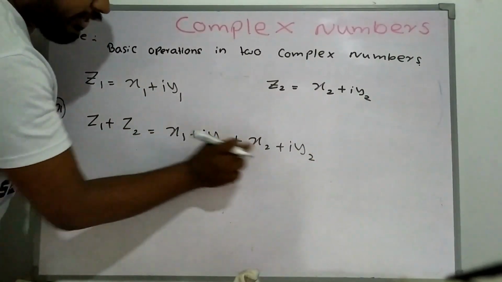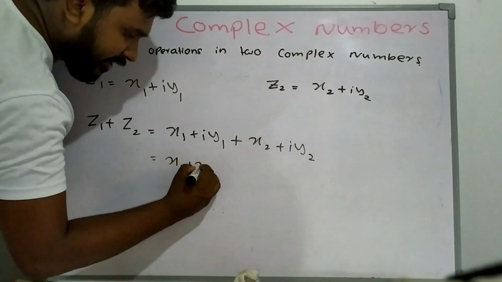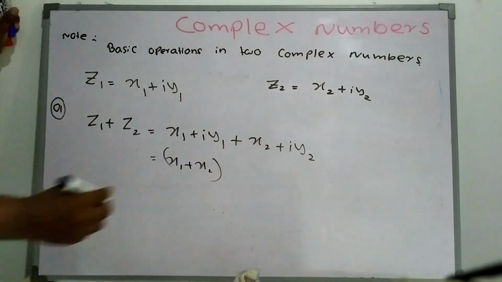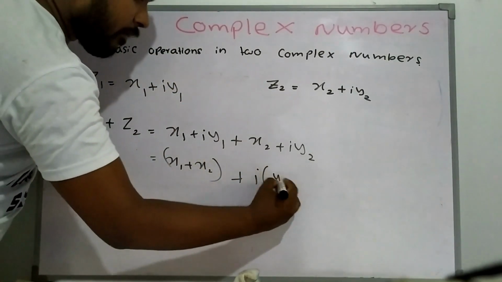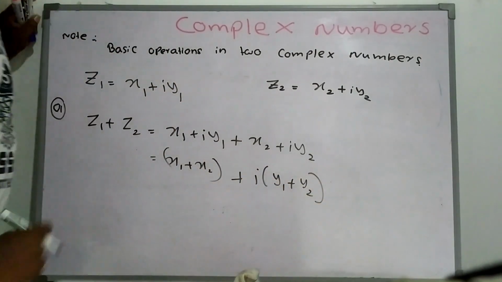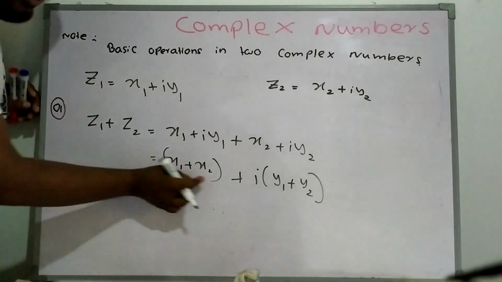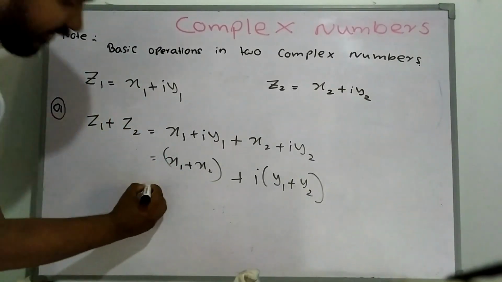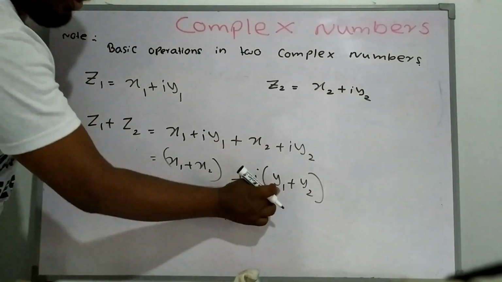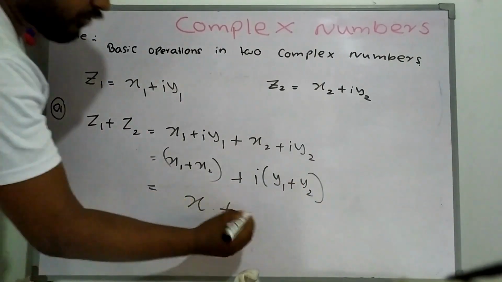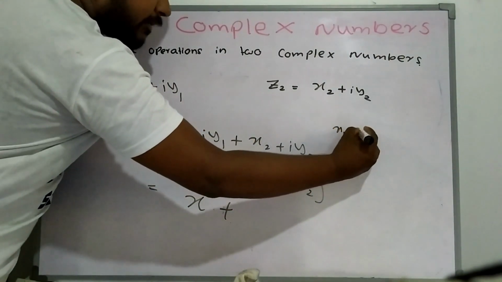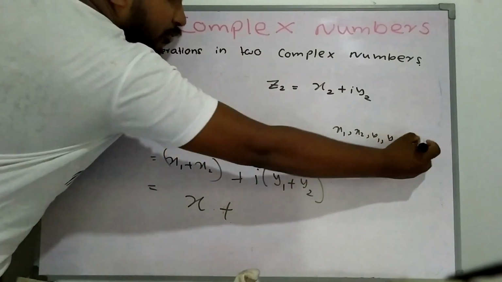Here these are real parts, we can separate them. The others are y1 plus y2, the imaginary part. So the addition of x1 and x2 is another number, x, and y1 plus y2 is another number, y. You know x1, x2, y1, y2 all are real numbers.